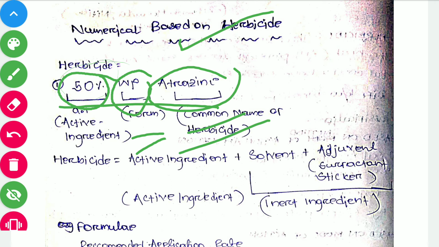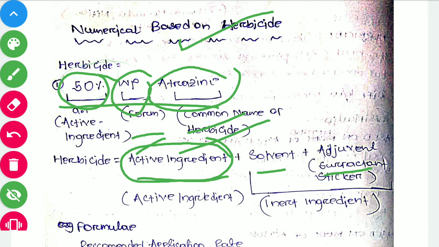In a herbicide there are many substances. The herbicide consists of active ingredient, solvent, and adjuvant. We cannot use the active ingredient directly because it is very toxic. So we add the active ingredient with a solvent.